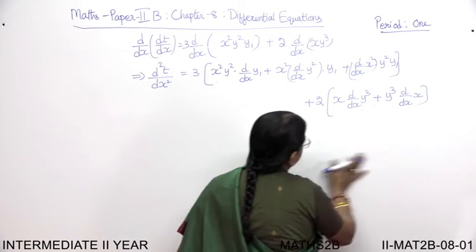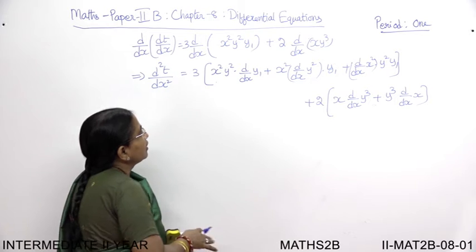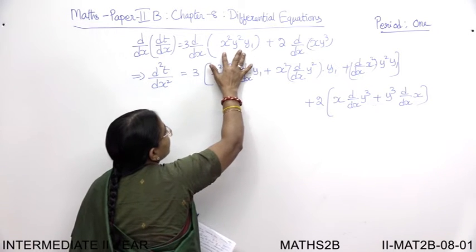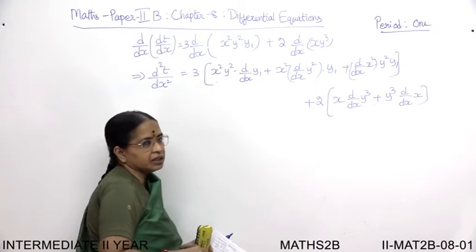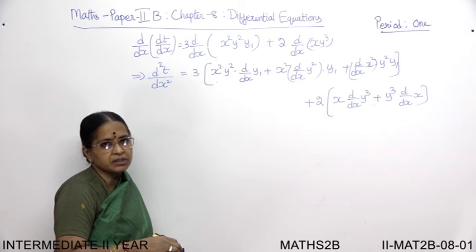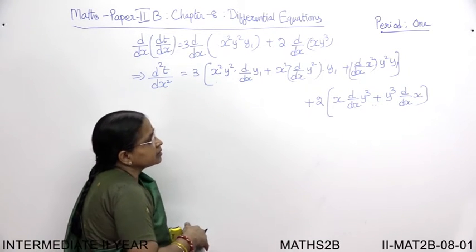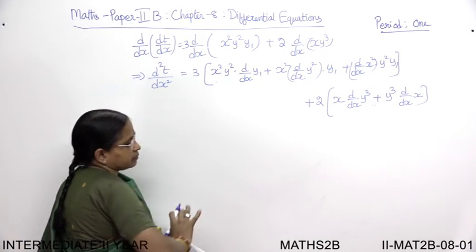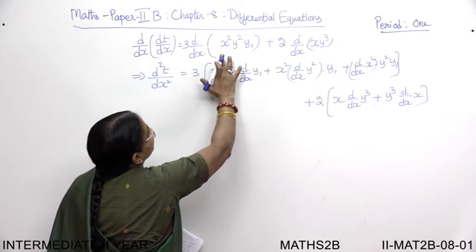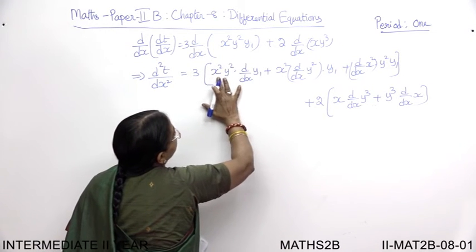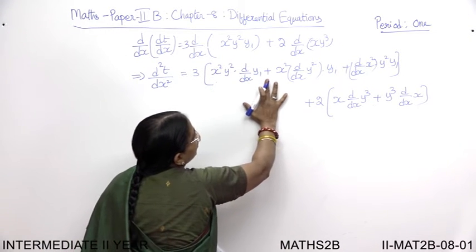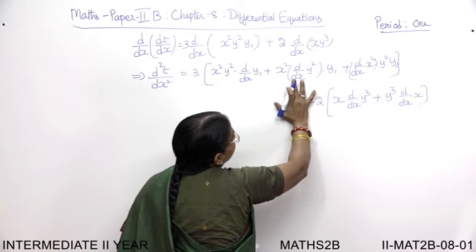One by one you write here, because we got three functions, so we are getting it very lengthy, but you won't have such lengthy problems in the exercise. Because we have taken this example, we'll just write the steps, how it is found. For u v w, it is u v into the derivative of w plus u into the derivative of v into w.